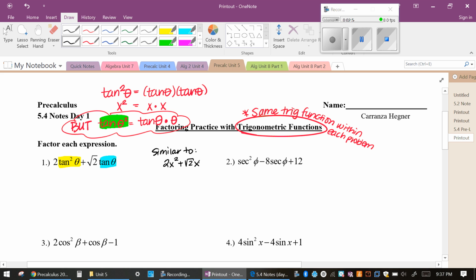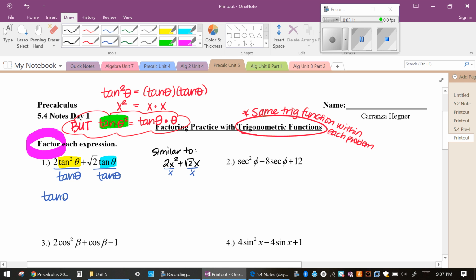Do you notice that they both have an x? Since we're factoring, your job is to always check for GCF. The GCF of these two expressions, just like it was over here, was x. These each have tangent of theta as a GCF.